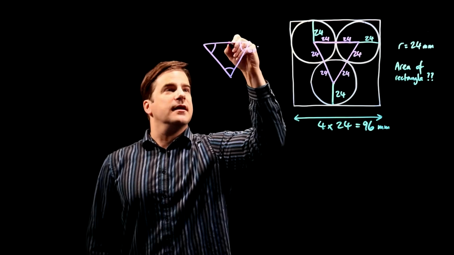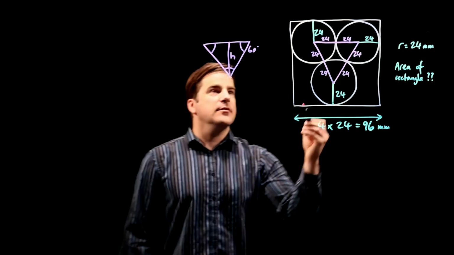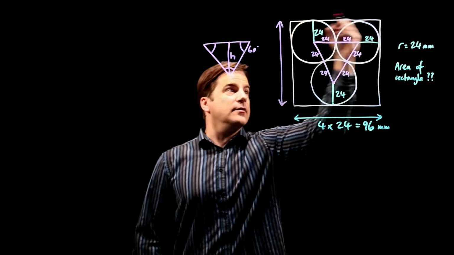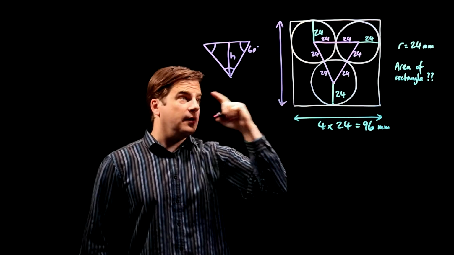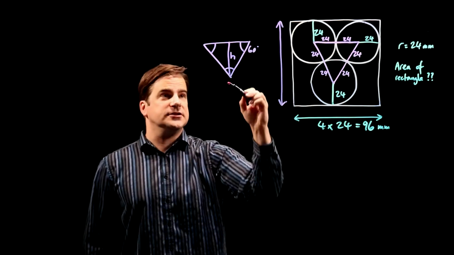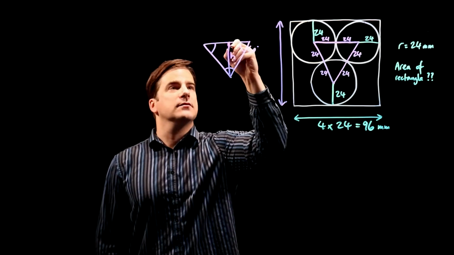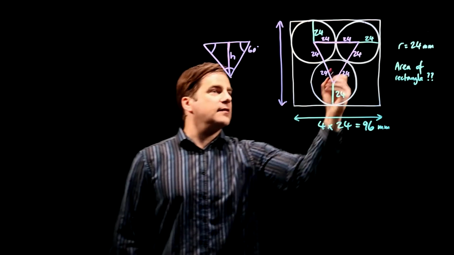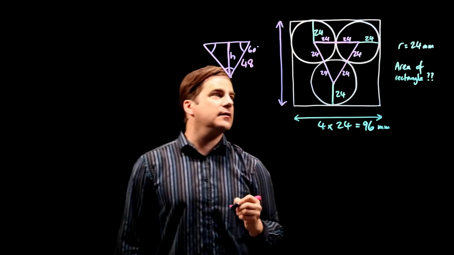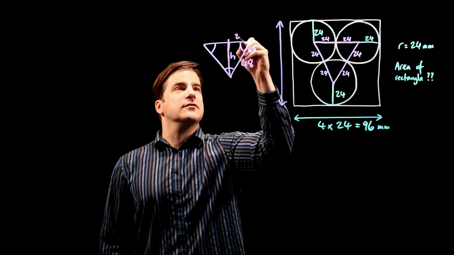And we're interested in the height, let's call it h, because the height of the rectangle, the thing that we want, is going to be 24 plus h, okay? So, what's h? Well, we know that from there to there is 24 plus 24, that's 48, okay? And we know that from there to there is 24.